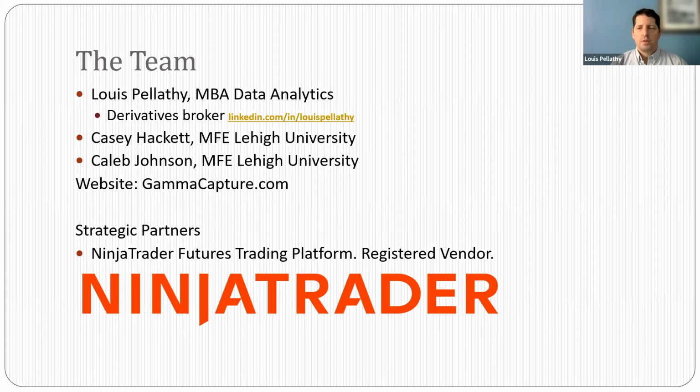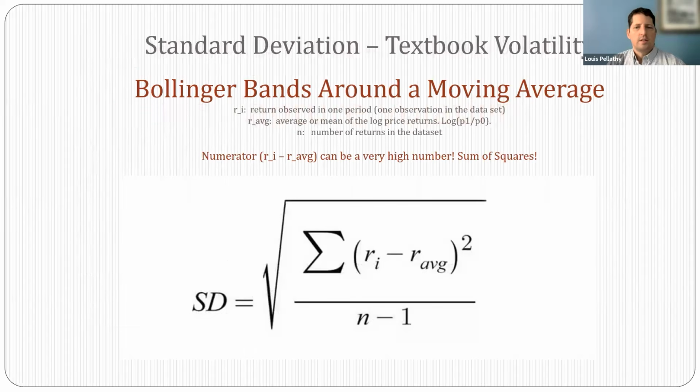So let's start with statistics 101. If you remember back in your statistics class in college, the way Bollinger Bands are measured, and the way most people measure volatility, is using this formula. It's a standard deviation of log returns.